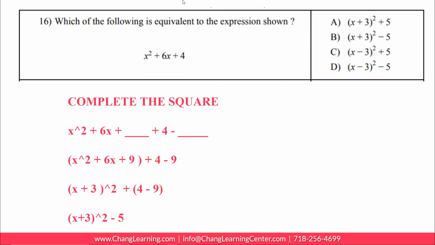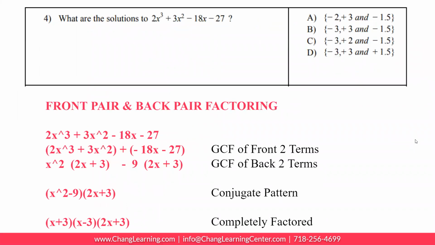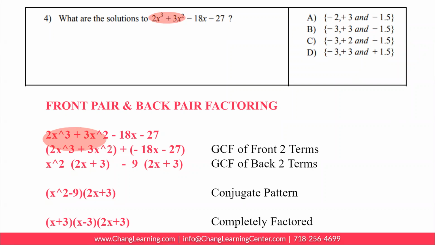The last type of factoring that needs to be covered for the SAT are the four-term factoring patterns. Here, focus on the front two terms and the back two terms of these four terms. So I'm just focusing my attention on these two terms and how to factor them, and the back two terms and how to factor them.